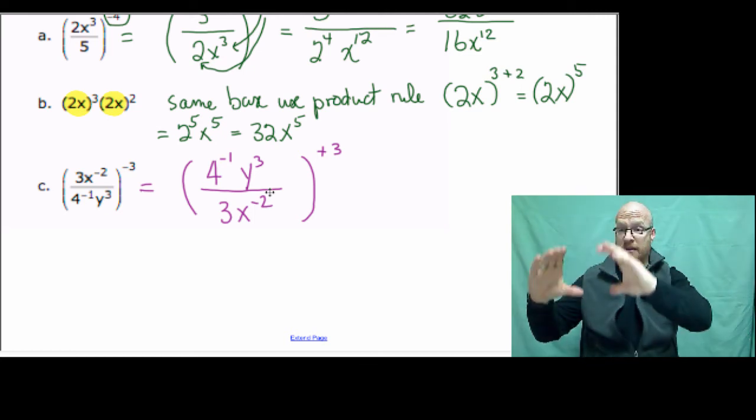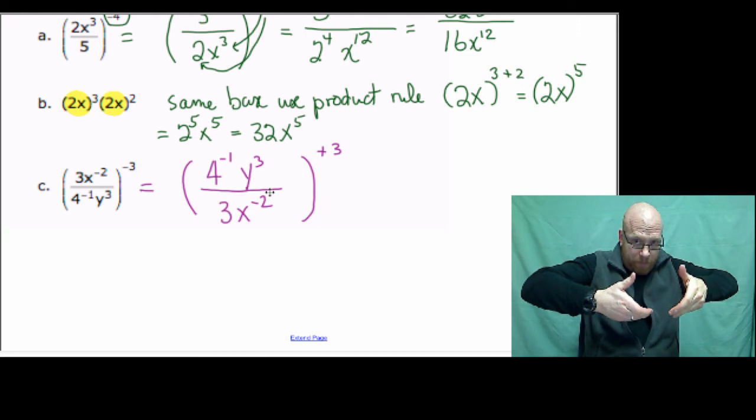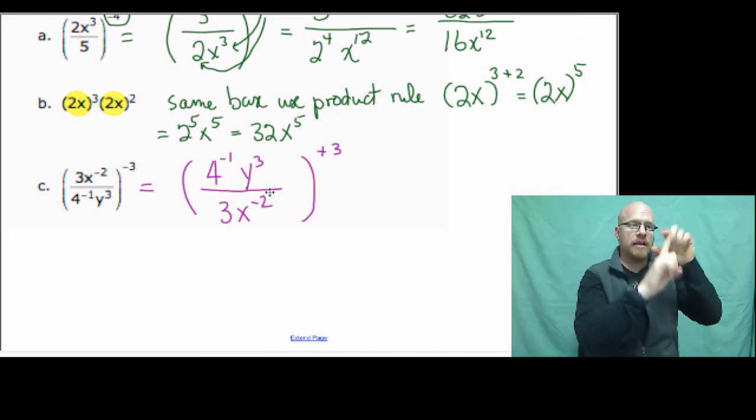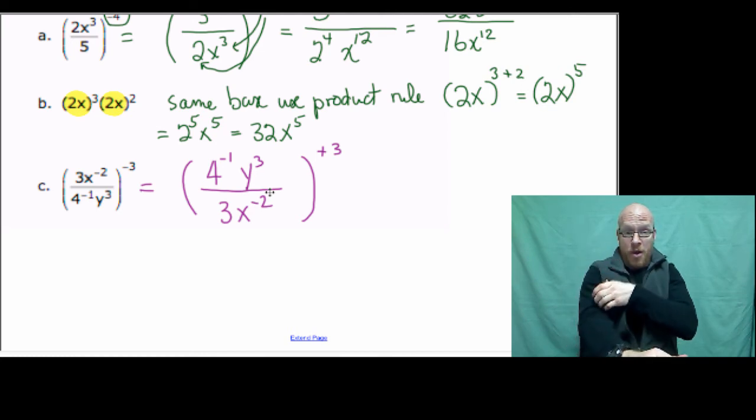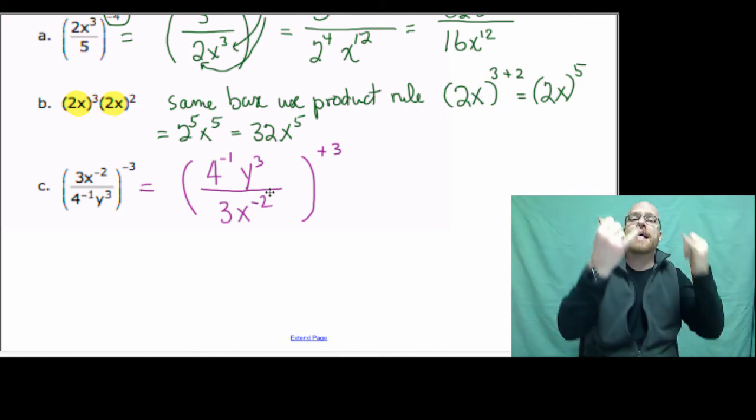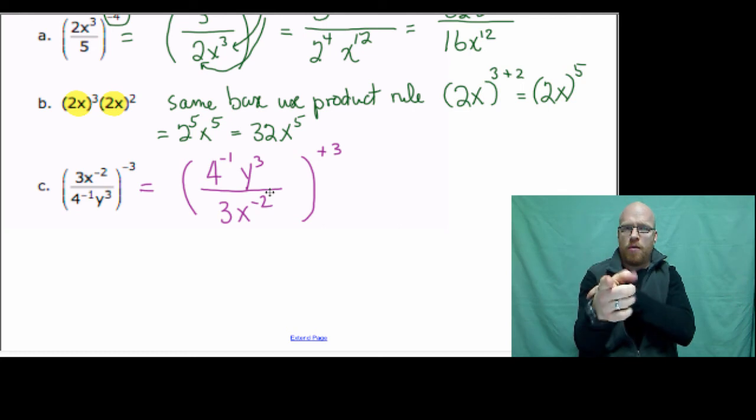Now you can see I have taken the reciprocal of the fraction, but I have kept the negatives in place. The outside negative exponent is positive. Now we deal with the negatives on the inside.